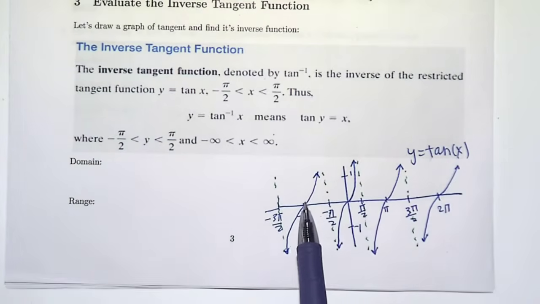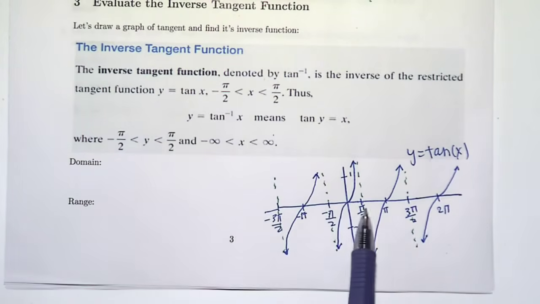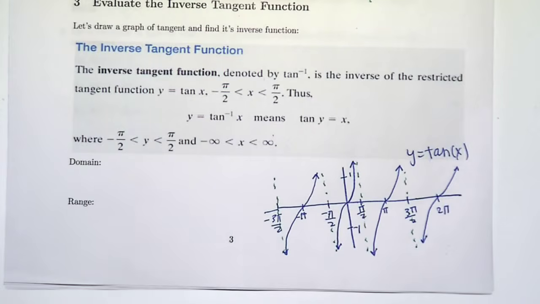And I know that tangent is 0 everywhere that sine is 0. That's why it's 0 at 0, pi, and negative pi. So this is our graph of tangent. It looks a little strange.